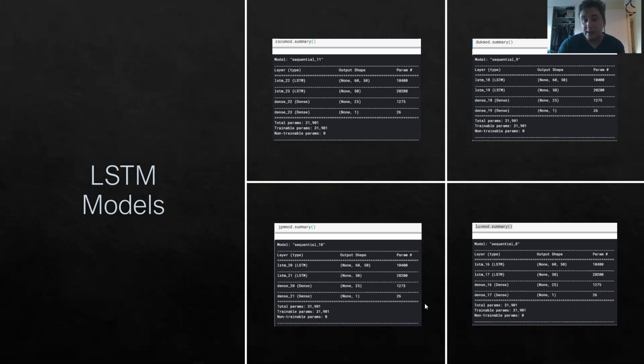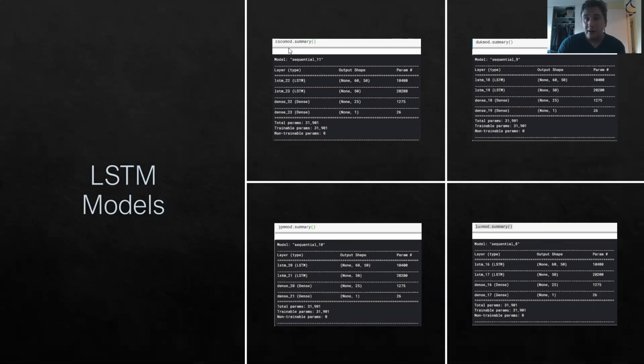They're very basic LSTM models. I created a basic first layer of 50 units that takes the input shape of the data and then passes it on to the next one, and then passes it through a couple of dense layers at the end. I did that for each one of the models.